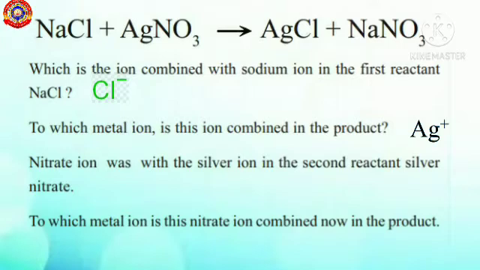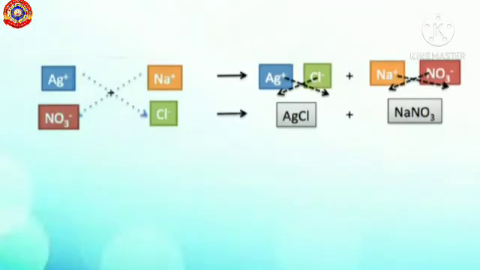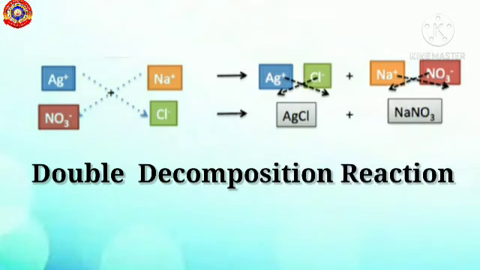See, to which metal ion is this nitrate ion combined now in the product? Very good, sodium ion. So here you can see that both the reactants interchange their ions. This type of reactions are called double decomposition reaction.